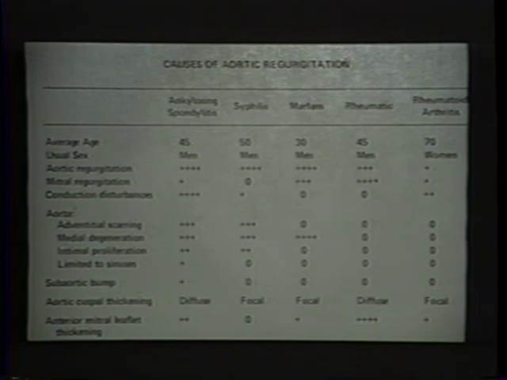Now this slide shows some anatomic characteristics of the heart and aorta in patients with various types of valvular heart diseases. The major point here is that today rheumatic heart disease is a relatively uncommon cause of lesions on the left side of the heart, that is the non-stenotic lesions. 25, 30 years ago, almost all heart disease was called either rheumatic heart disease or syphilis.